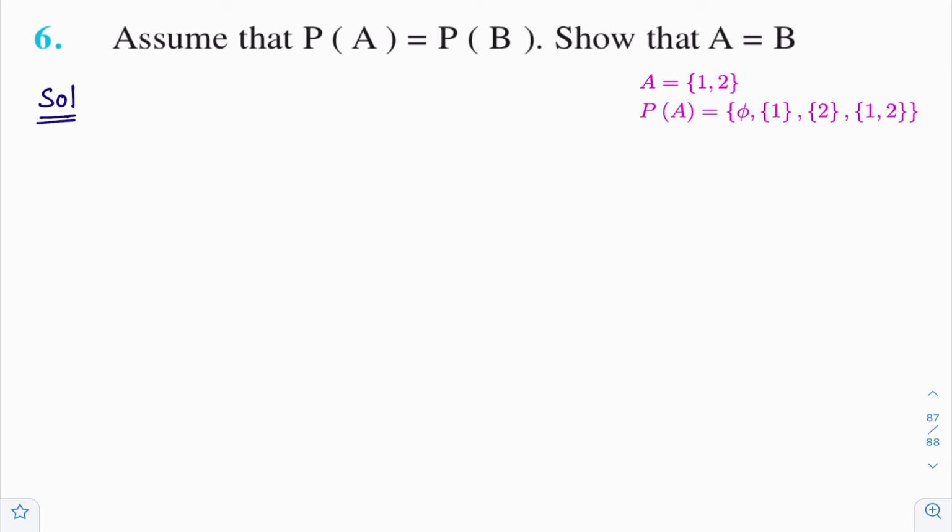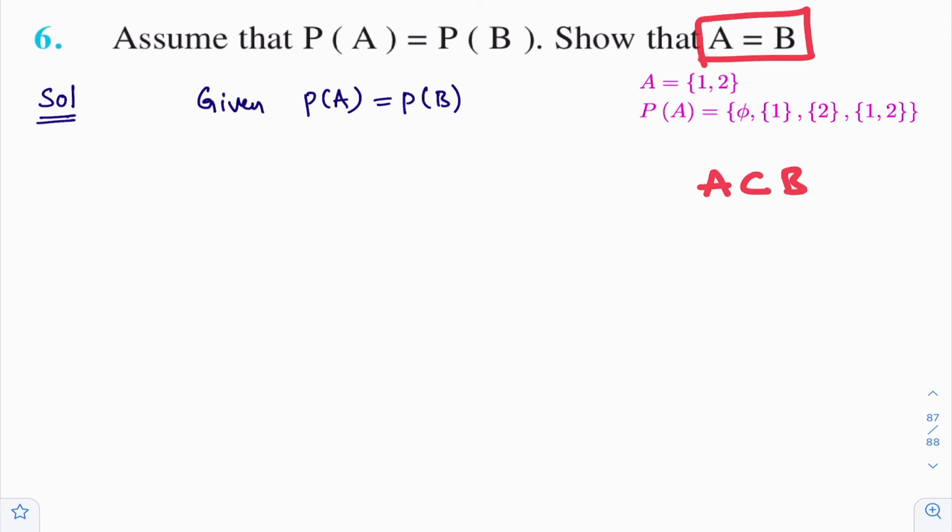Okay. So here the point is, first I'll write the given data. What is the given data? The given data is power set of A equals power set of B. What do I want to prove? I want to prove that A is a subset of B. When we say two sets are equal, it is when A is a subset of B and B is also a subset of A. When these two hold good, then we say that the sets A and B are equal.